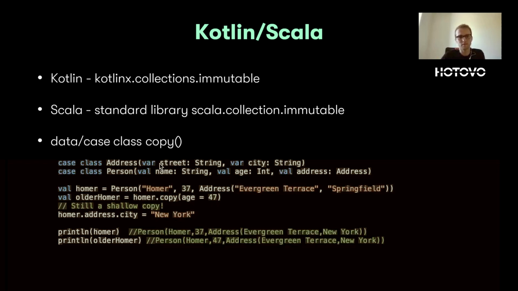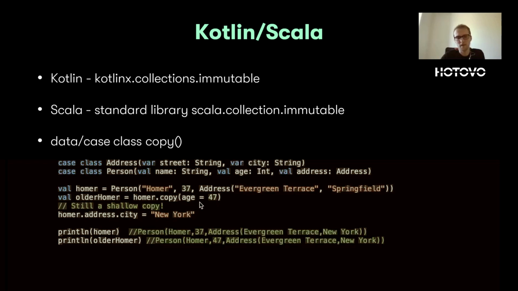But mind, as I said, you still can define mutable properties, then it basically creates a shallow copy. It doesn't deeply copy the whole object. So even though the address here is immutable, I can still change the city here.